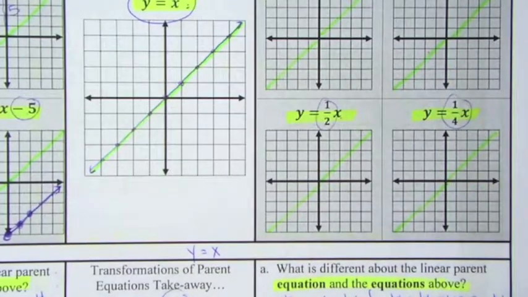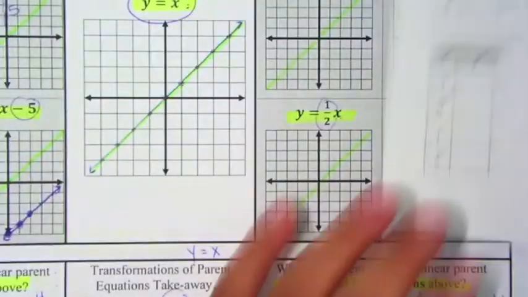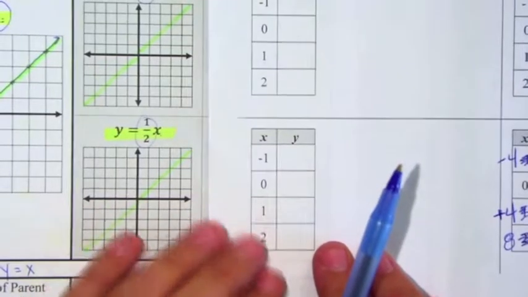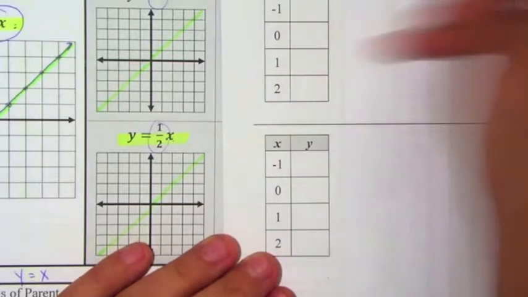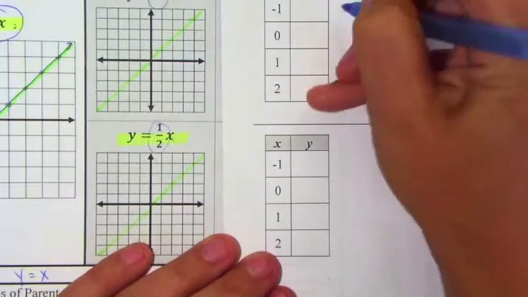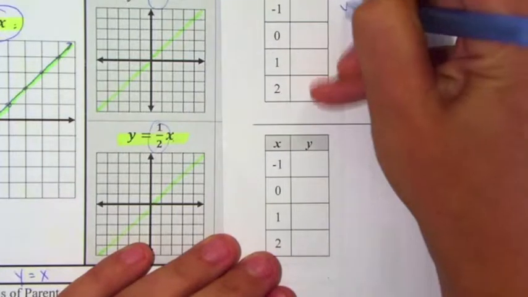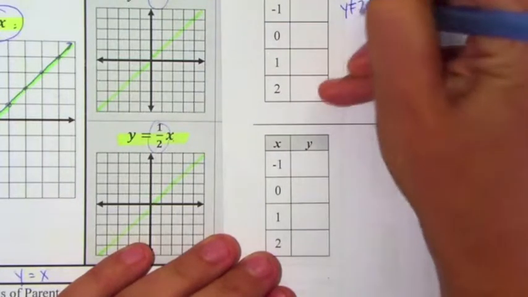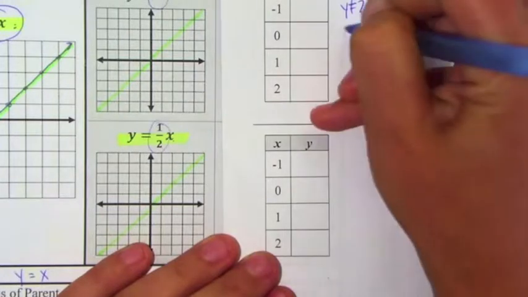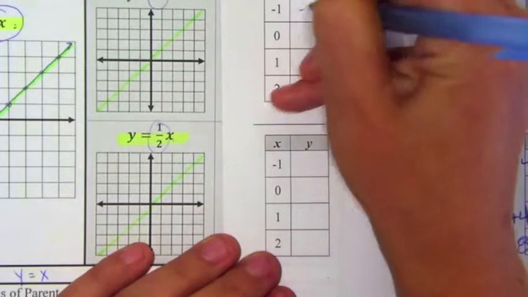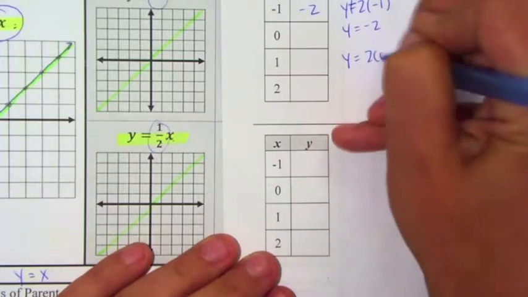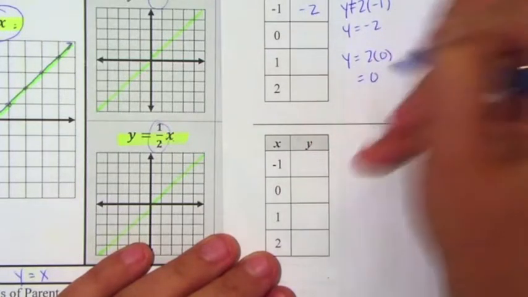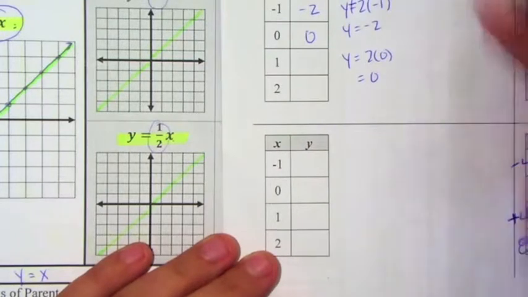So let's grab our scratch paper again. I'm going to show you how to do the first two, and then I'm just going to graph the second two. So y equals 2x. I'm going to substitute -1 in for x, and we get y equals -2. When x equals 0, y will equal 0 as well.